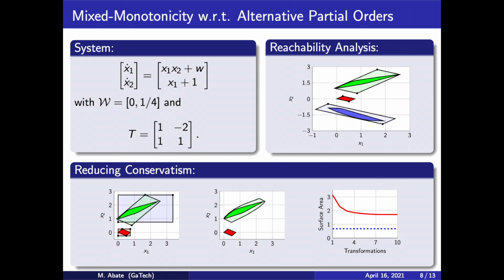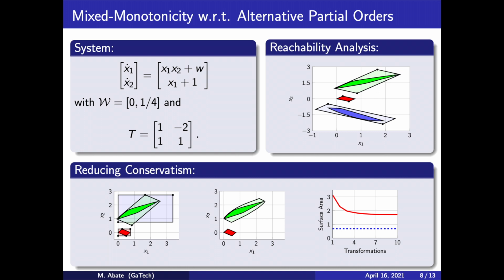The dark green region, this is your time 1 forward reachable set. Excuse me, this is the reachable set that you attain after 1 second. You can apply the mixed monotonicity procedure to get this shaded green parallelotope approximating the reachable set. And then you can also do this in reverse time to get the backward reachable set shown in blue and an approximation of that shown in light blue.